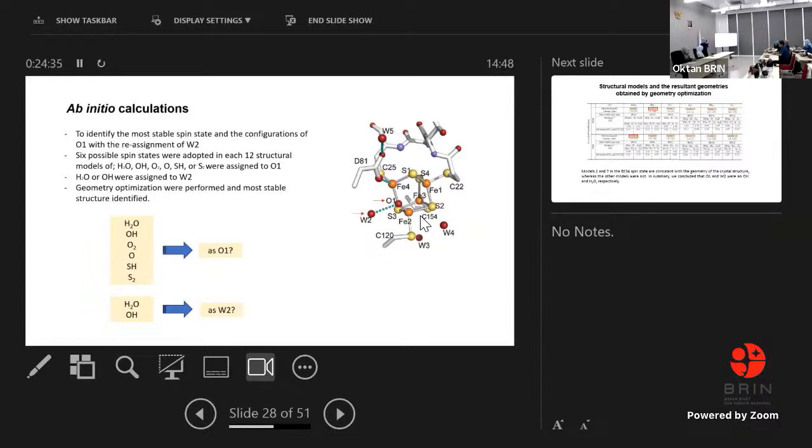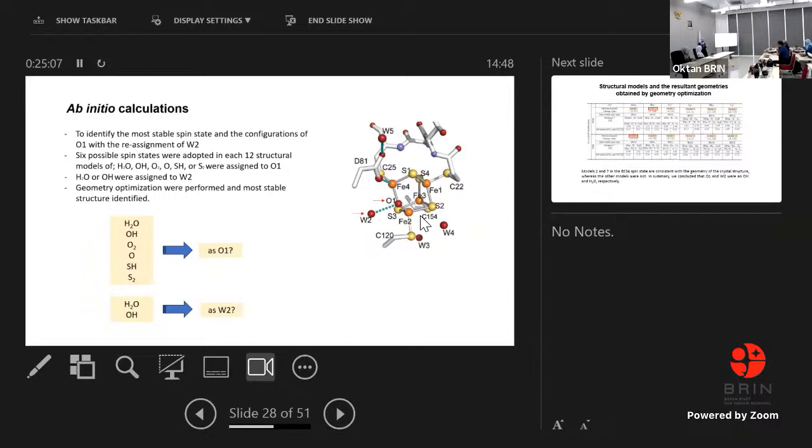Okay, so for the O1, we assign these two species of this molecule, and then this is the molecule or H2O that is assigned to the W2. So we do the calculation by using initial approaches.